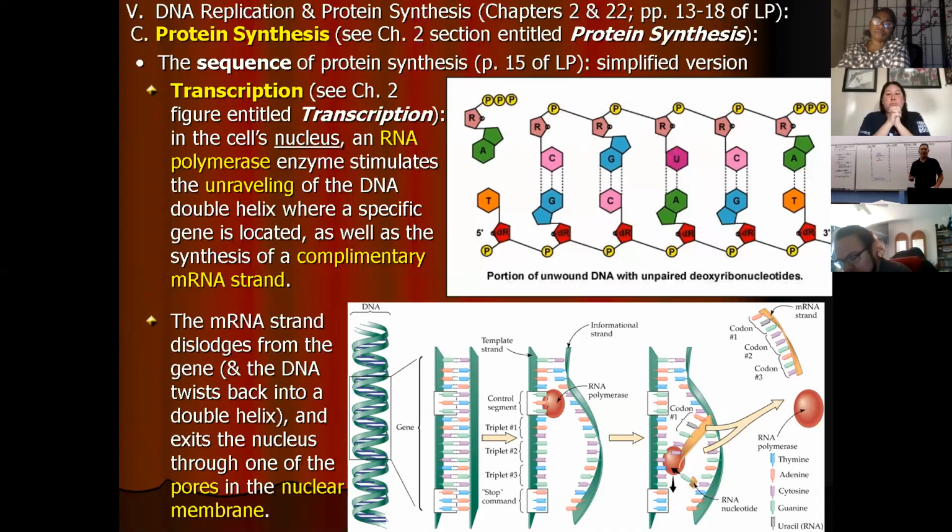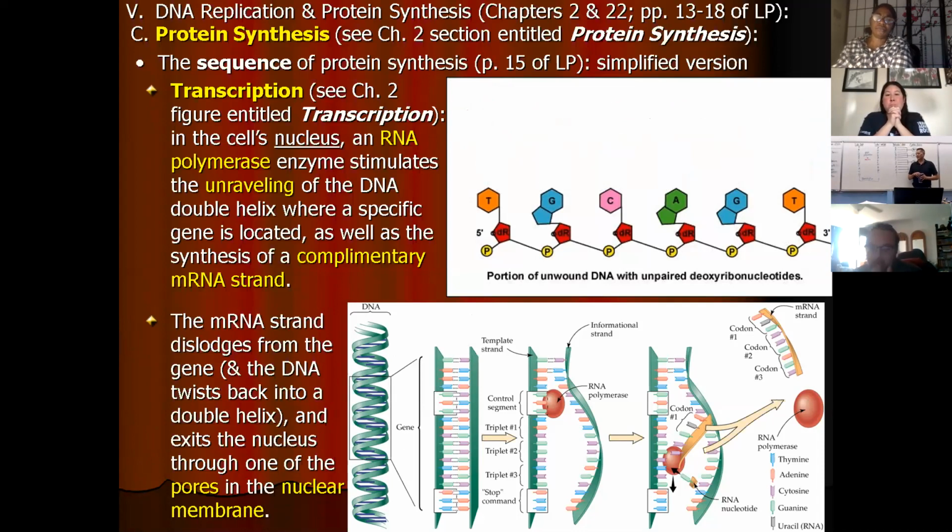And that, if you were ever curious, is why there are nuclear pores in the nuclear envelope, because messenger RNA is a big molecule. And if you have pores in the nuclear envelope, you can get messenger RNA out a lot easier. Does that make sense?